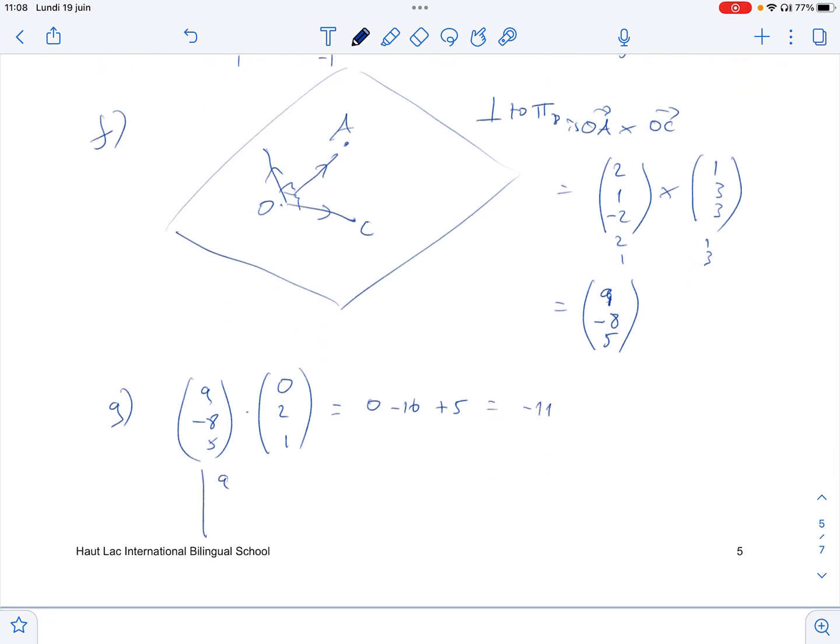Then we have the length of 9, negative 8, 5 equals square root of 81 plus 64 plus 25. That's the square root of 170. And then we need the length of 0, 2, 1, which is 4 plus 1 square rooted, which is root 5.